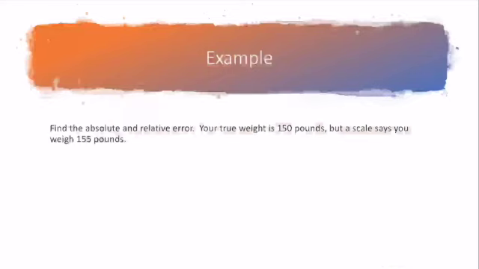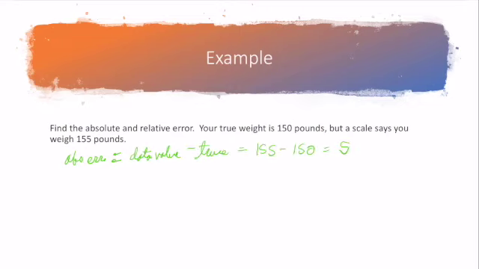Let's find the absolute and relative error. Your true weight is 150 pounds, but the scale says you weigh 155 pounds. For absolute error, I take my data value minus the true value. In this case, 155 pounds minus 150. So my absolute error is 5 pounds. Next, I need to calculate my relative error.